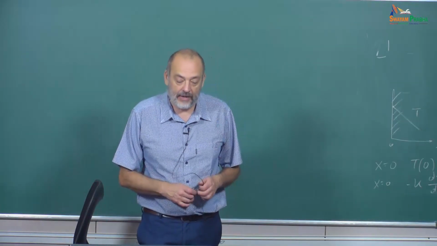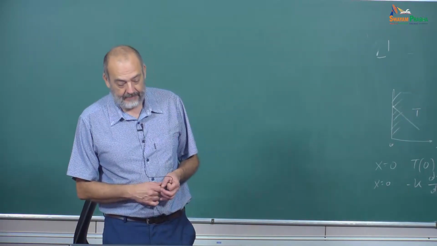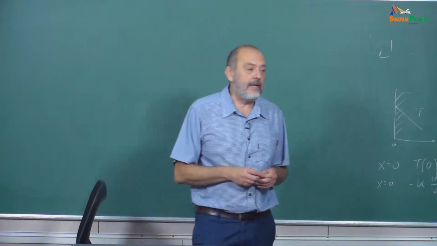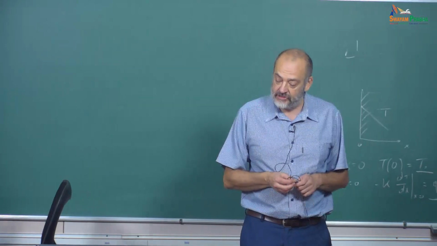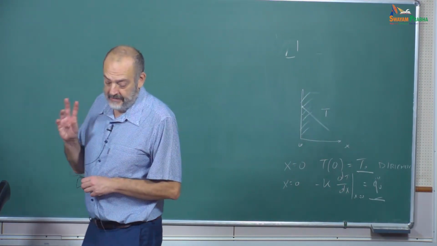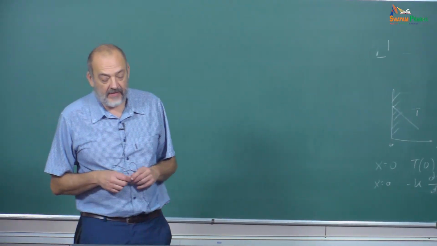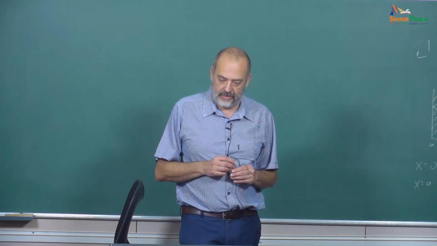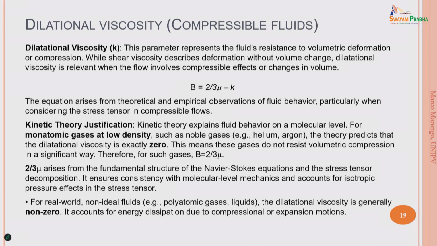Again, I don't have time to enter this field. There is a theory, the kinetic theory, that gives a justification for this value. For a specific flow, we don't really have the value of K, so K is not really relevant. But for real-world, non-ideal fluids and so on, there is a value for K, so we should pay attention.